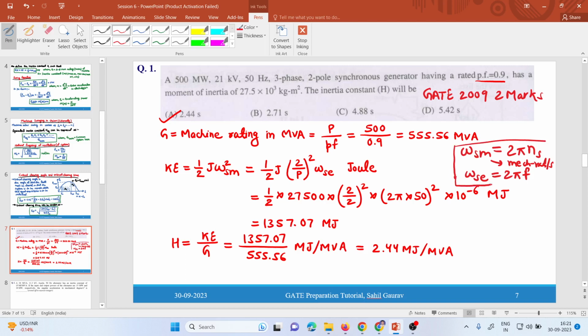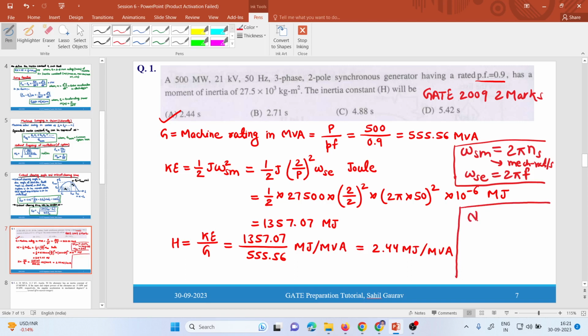And ns is equal to what? Ns is equal to 2f divided by p, that is in rps. Whatever the way, you just have to be clear about that.